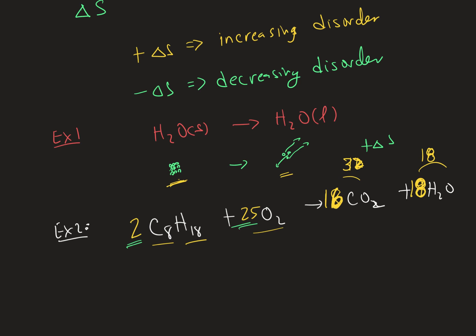Okay? So we have 2 particles and 25 particles. That's a total of 27 particles on the left. How many on the right? 16, 18, 34. Which one's more chaotic? The 34 side, right? There's more particles. It makes it more chaos, more disorder. So this is positive delta S.